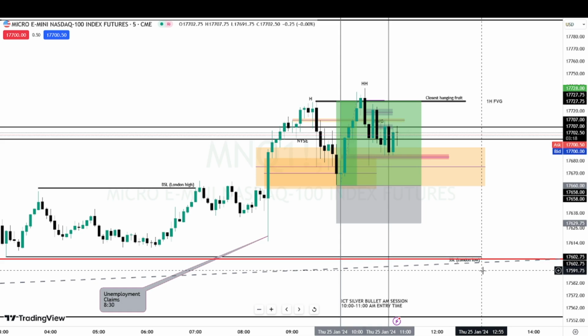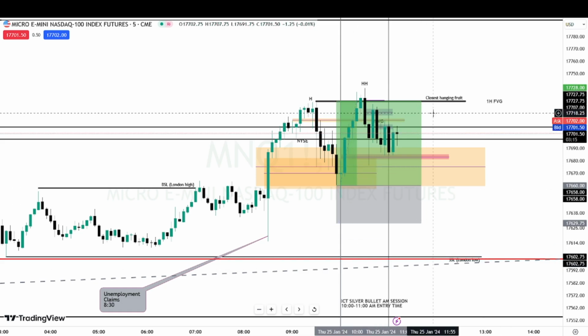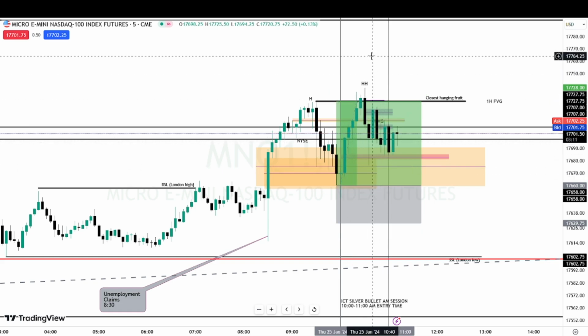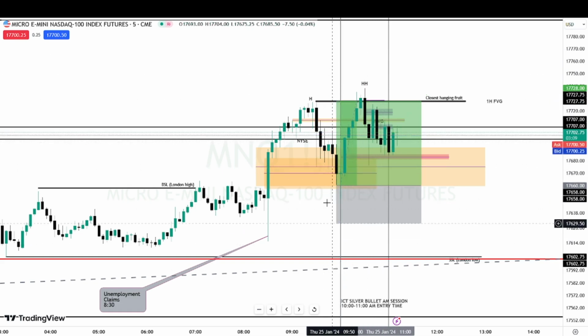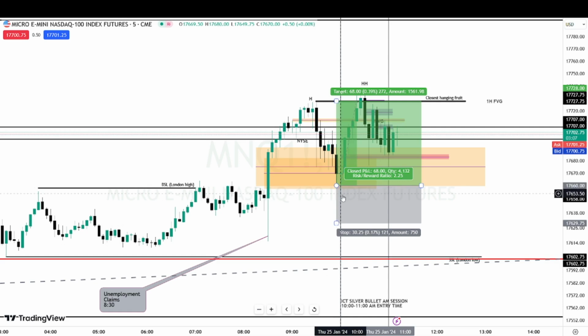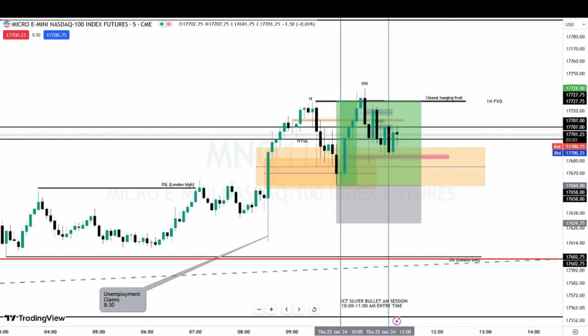Sorry for that, guys. I would save this buy. This was the stop loss below the consequent encroachment, and the entry exactly at the time, 10 a.m.